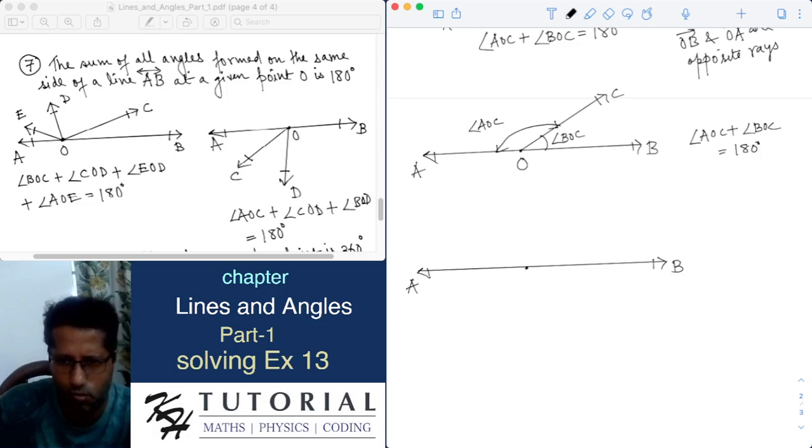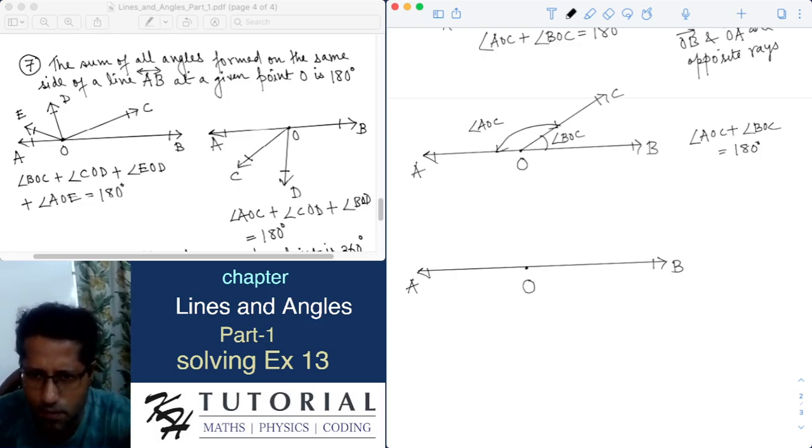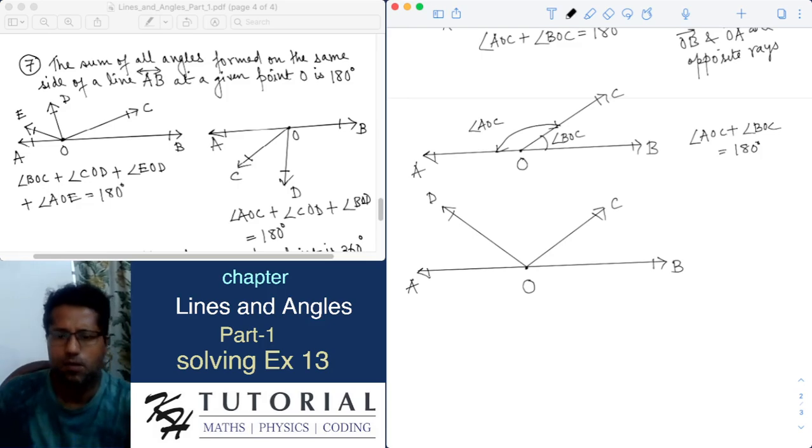So we have this line. Let's take a point O. Let's say we drop two rays, one is OC, so that we have more angles, and another ray OD. So how many angles are formed?